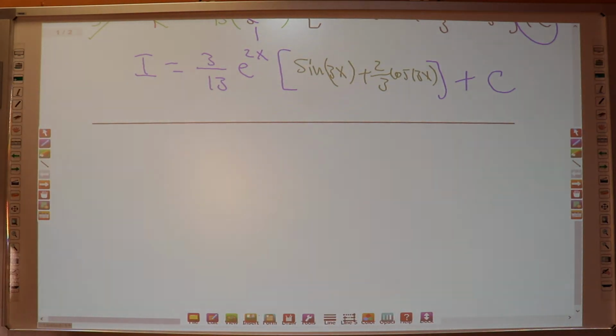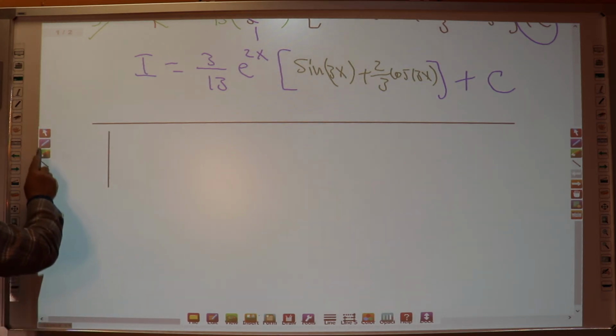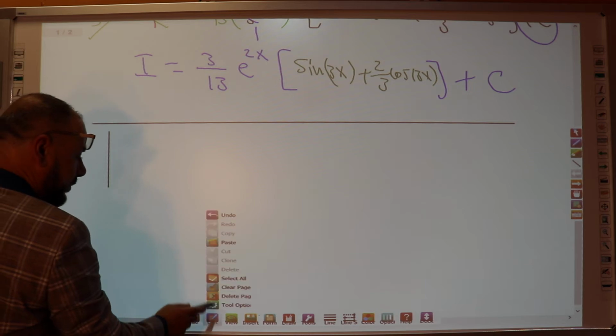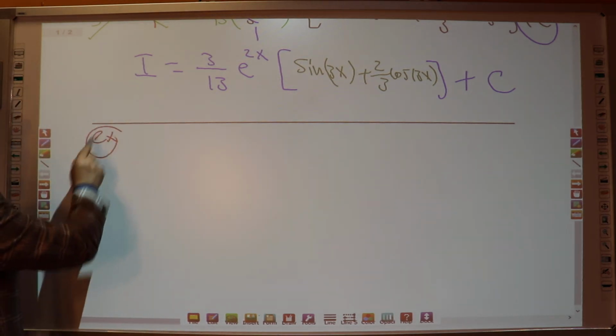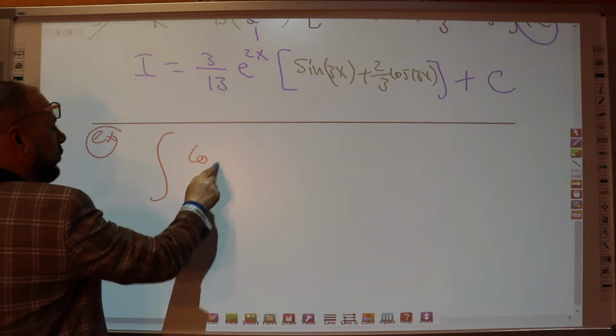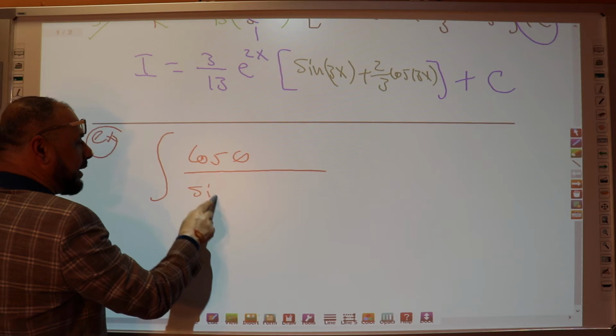Now, the second problem. Second problem we need to solve, I have two problems. Cosine theta integration example, integration of cosine theta over sine squared.